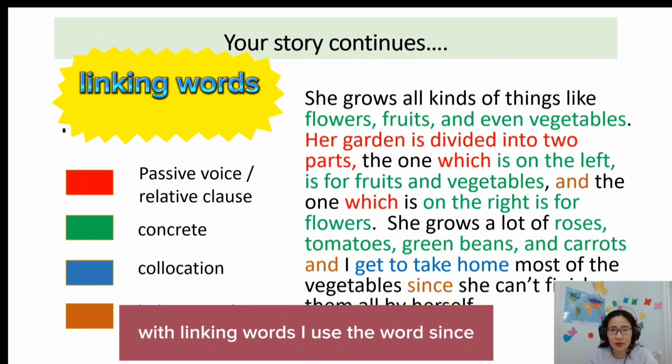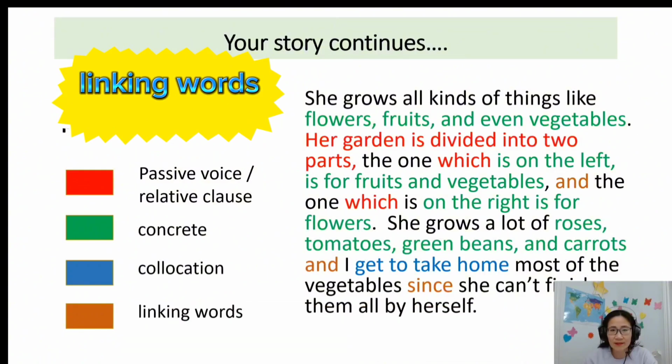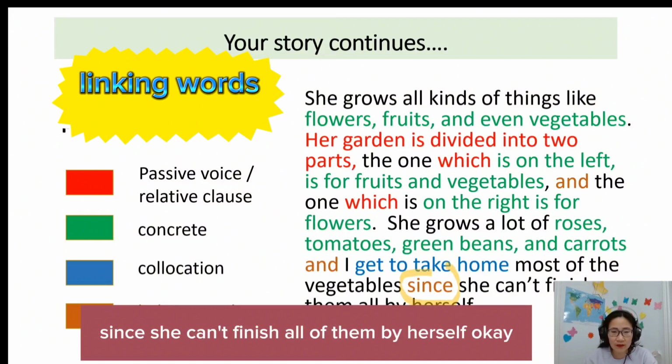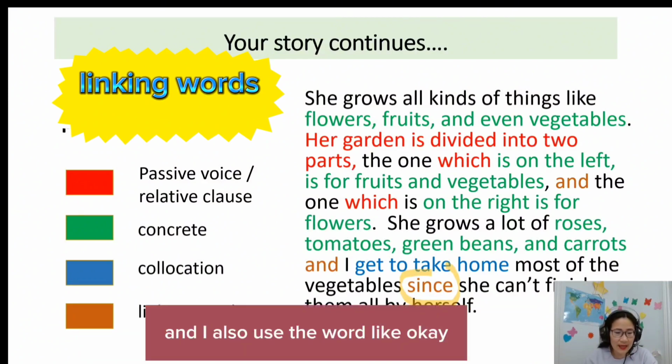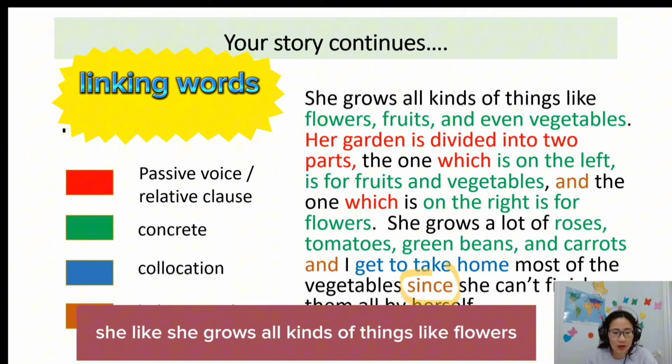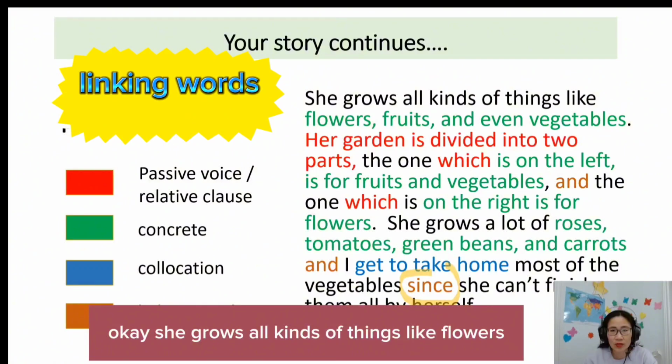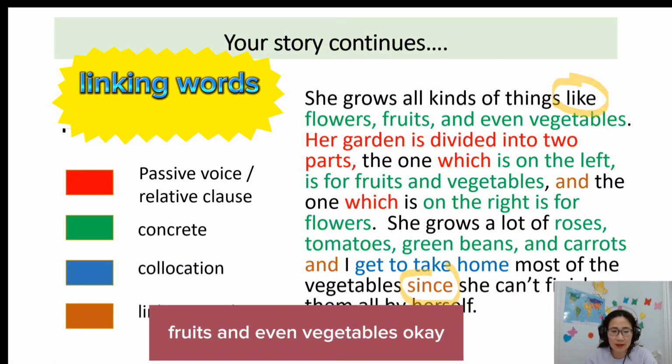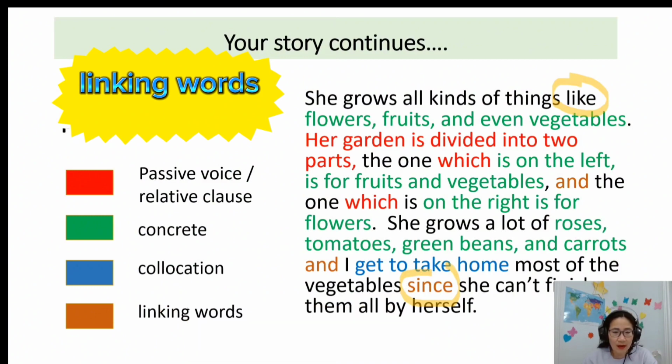I use the word since: since she can't finish all of them by herself. And I also use the word like: she grows all kinds of things like flowers, fruits, and even vegetables. So that's a linking word.